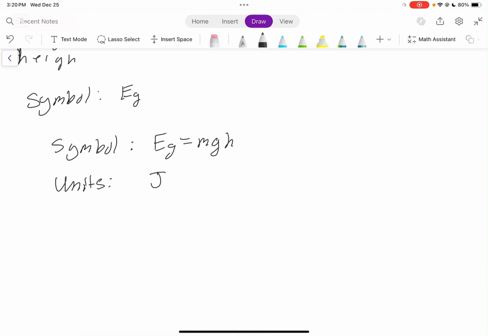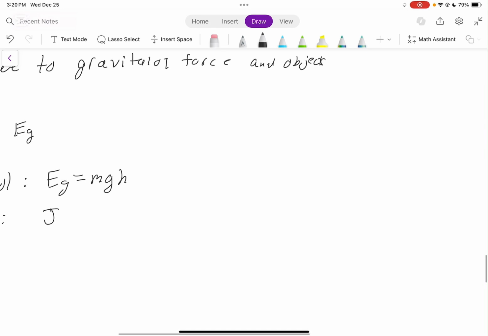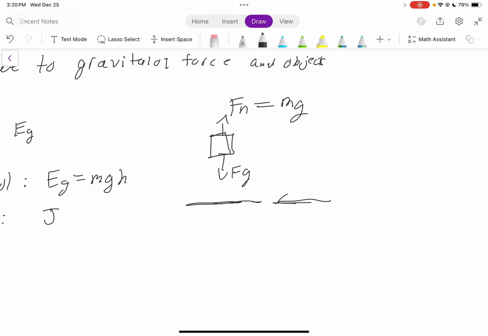Now, why or how did we get mgh as our formula? Well, if you think back to what we talked about previously, if we're holding a book up in the air from a reference point, let's say this is a table right here, and you're holding a book up in the air. If this is a free body diagram, it's going to have a force normal and a force of gravity. So assuming that you're not moving the book and the book's stationary, the force normal and force of gravity are just going to equal each other. So Fn is going to equal mg.